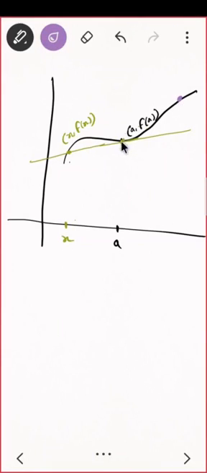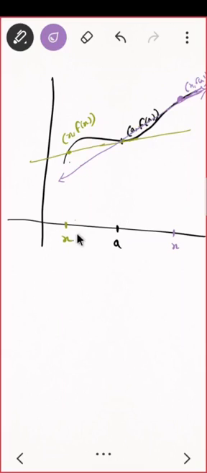Okay, same, my x can be here also, so then here you will have x comma f of x, then your straight line will be something like this. What do you see?